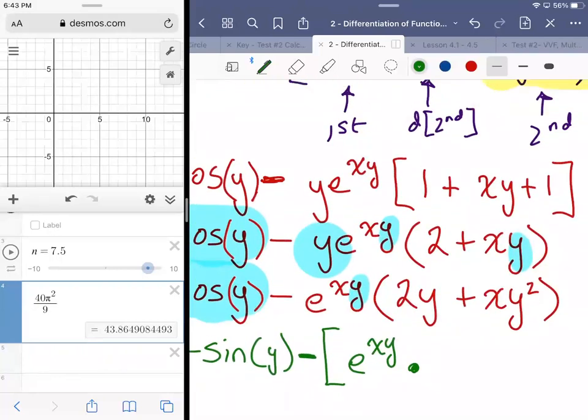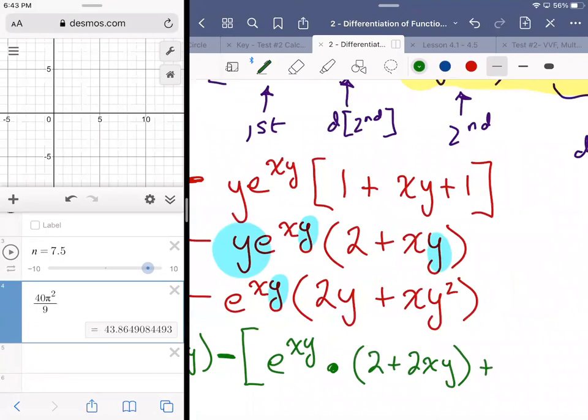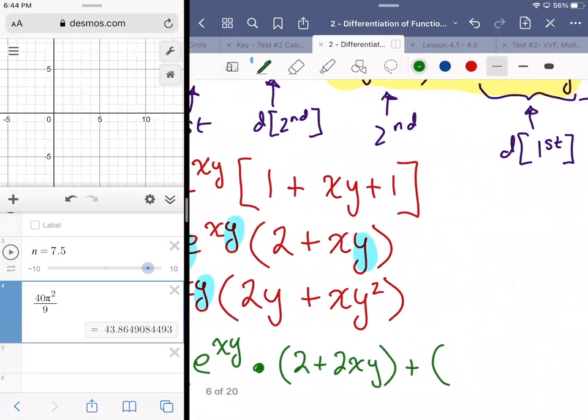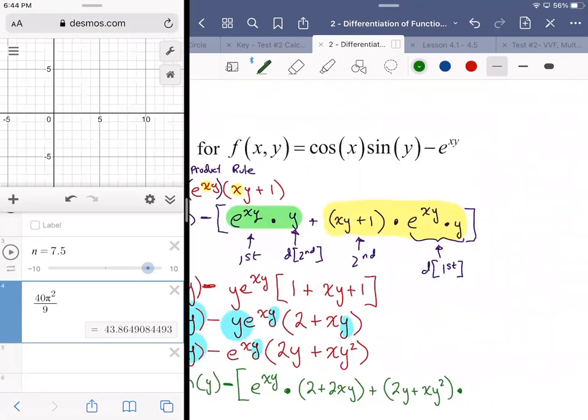So we have a 2, and we have a 2xy, plus my second function, 2y plus xy squared, times the derivative of the first function with respect to y again. So e to the xy.